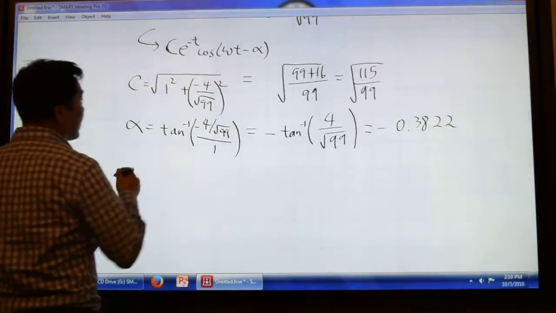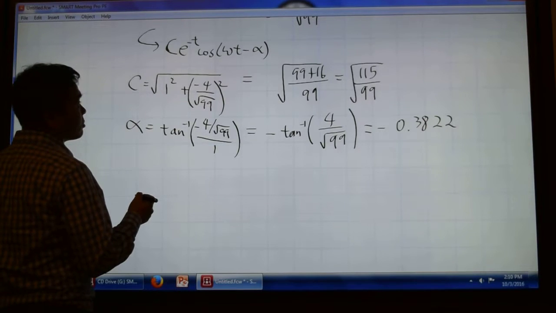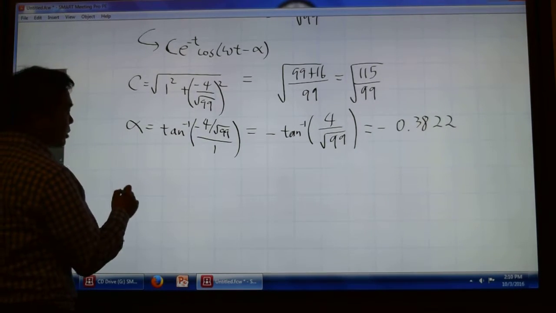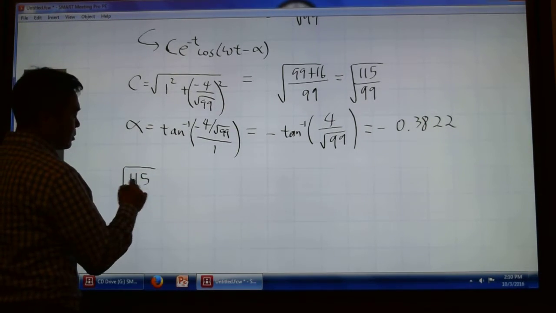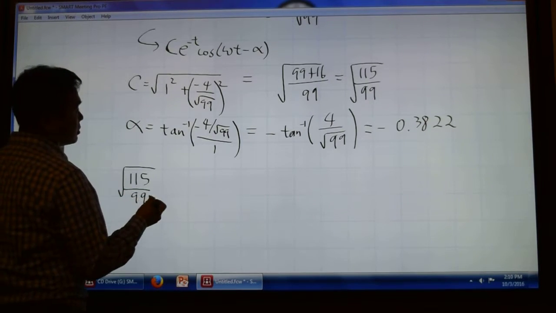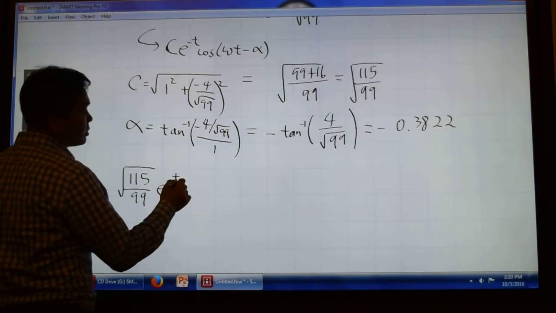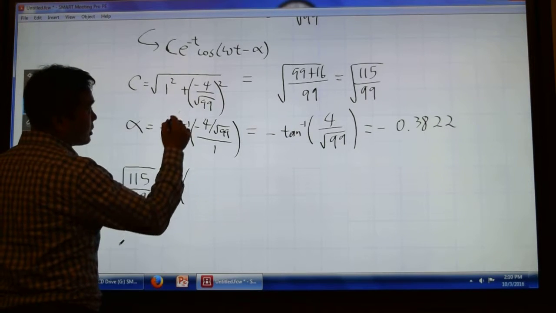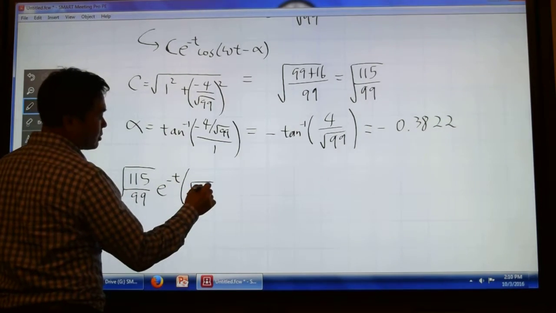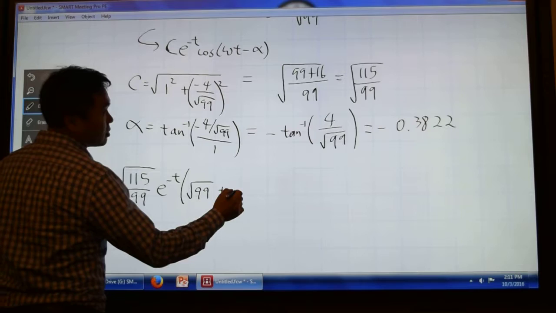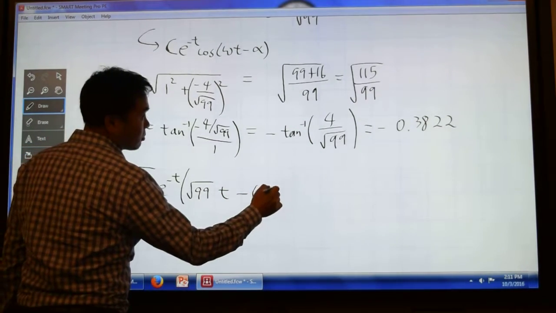So putting those back in, we have the solution of the system, which is square root of 115 over 99 e to the negative t. The omega we had was square root of 99 t, and then minus negative 0.3822.